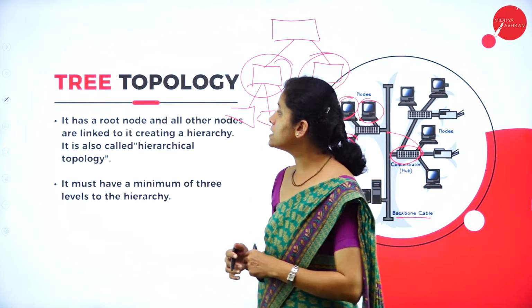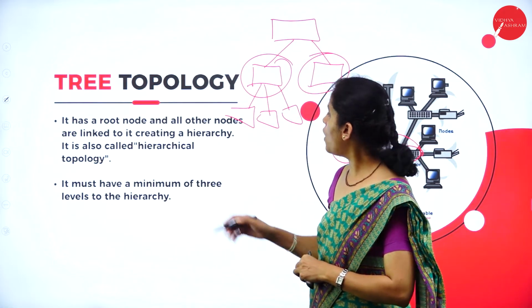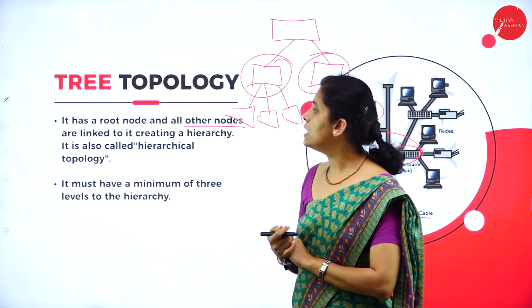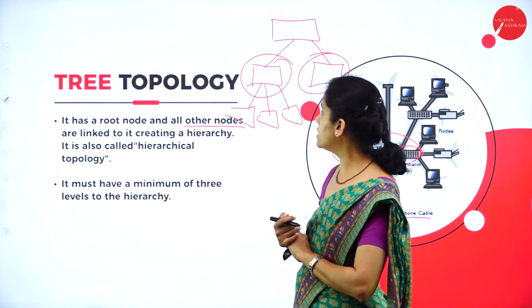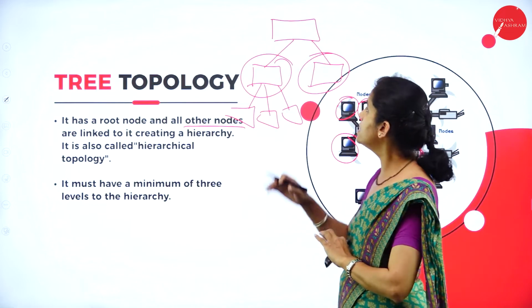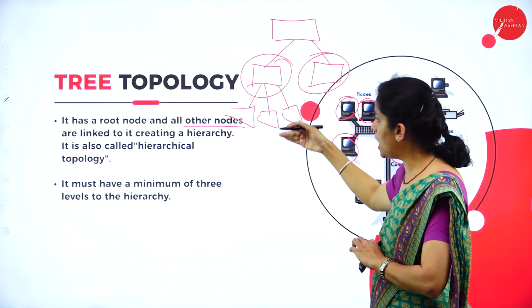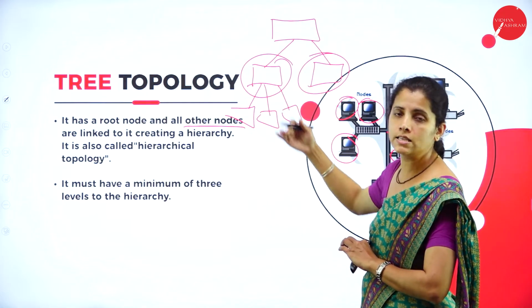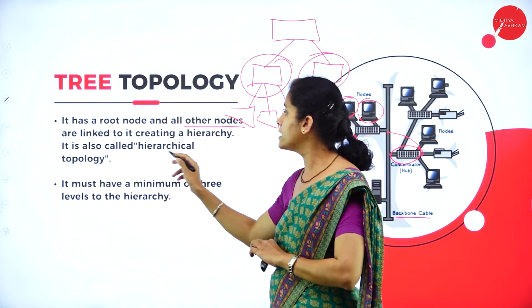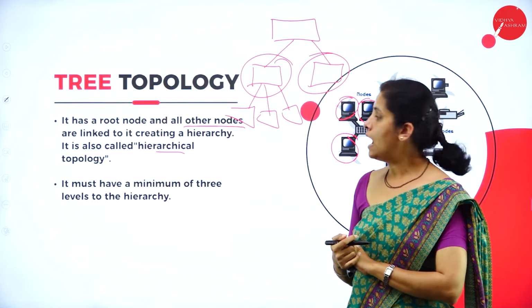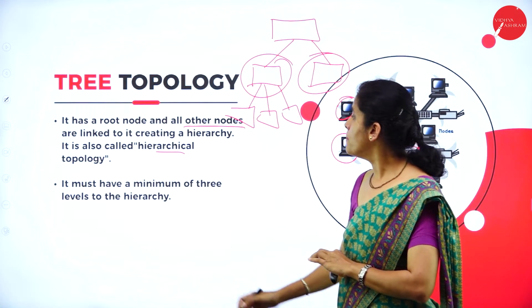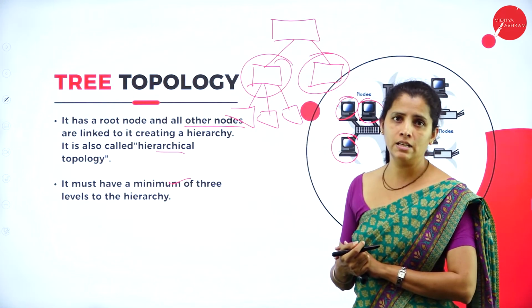So it has a root node, and all the nodes are linked to create a hierarchy. See here, all the nodes are linked to each other to create the hierarchy. For that reason, it is called hierarchical topology, and it must have a minimum of 3 levels.